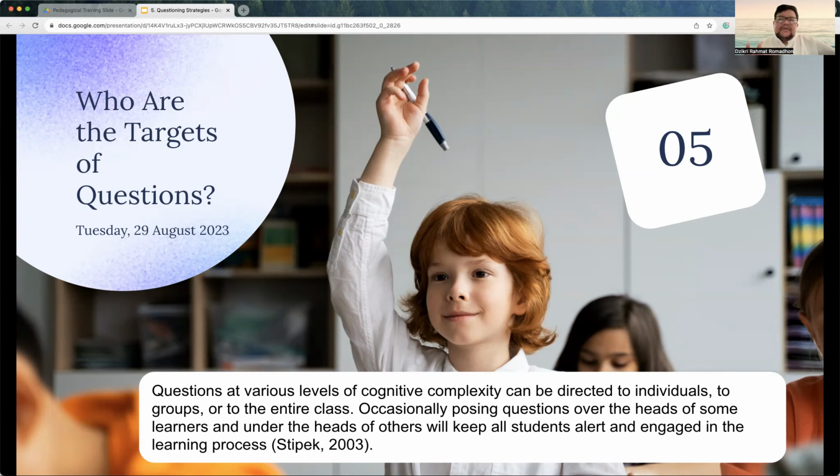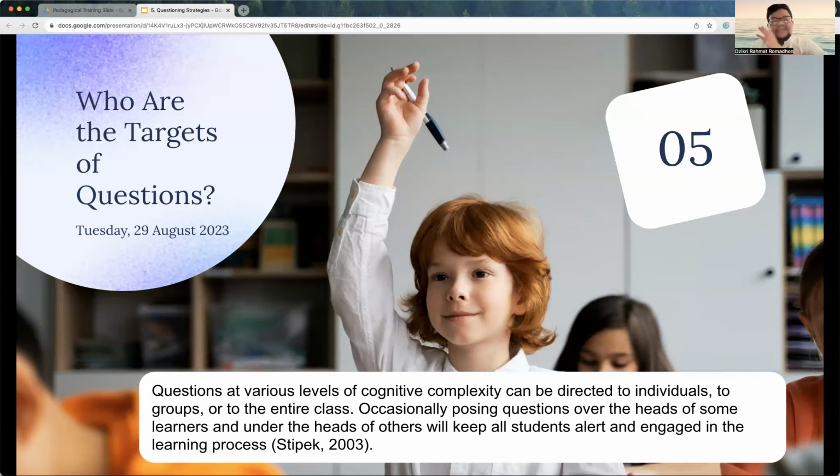This is the mistake some teachers make: they choose a name and then they ask the question. It's not going to be helpful for the other students, because why? The other students will not think about the answer because you already chose the person who is going to answer the question.